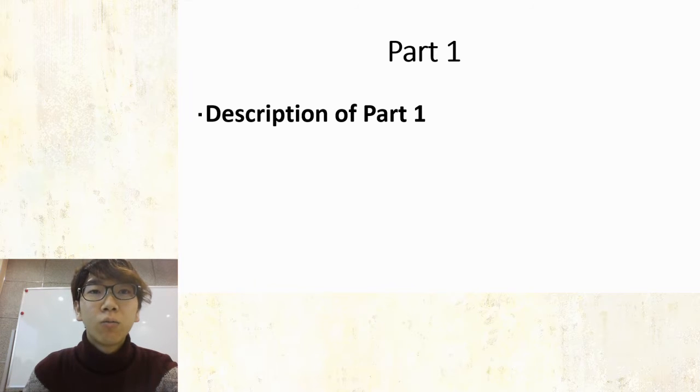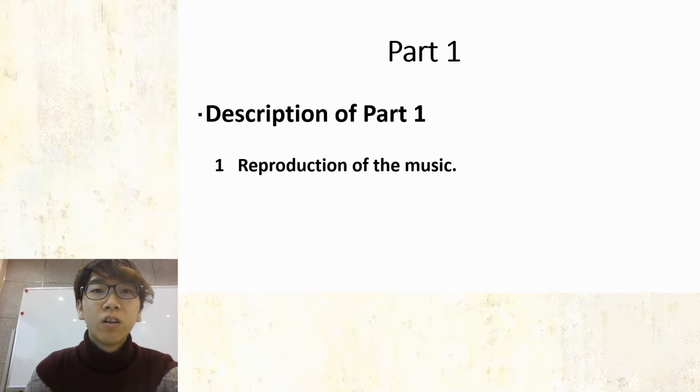Part 1. Description of Part 1. First, we explain Part 1. We played the music and displayed the wave pattern of the music by the program on Scilab in Part 1. We use the music that the demo provided.